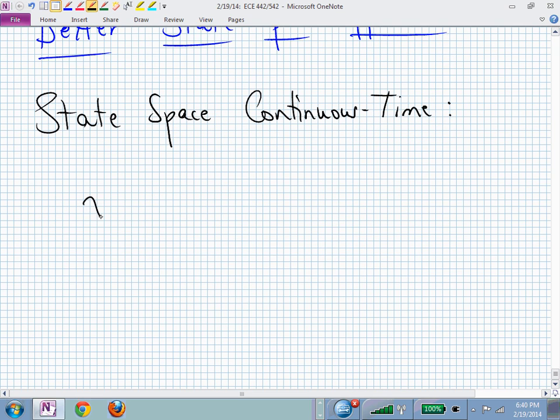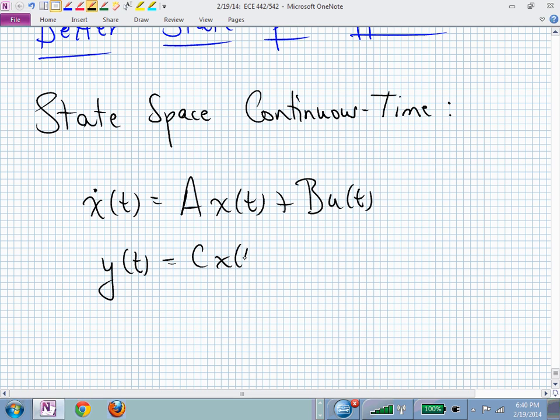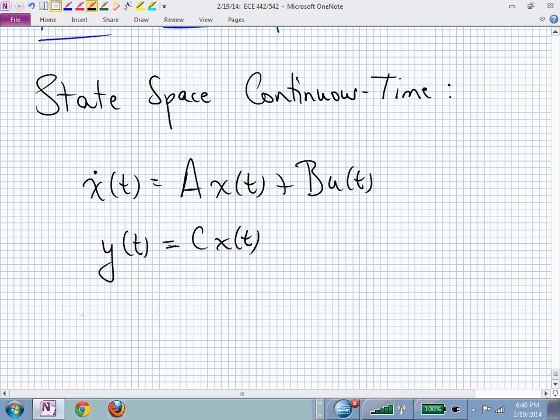This is now x dot of t equaling A x of t plus B u of t, y of t is equal to C x of t. Now, do you remember what the solution of that is in terms of A, B, and C in the time domain? Have you ever seen that solution of this representation?